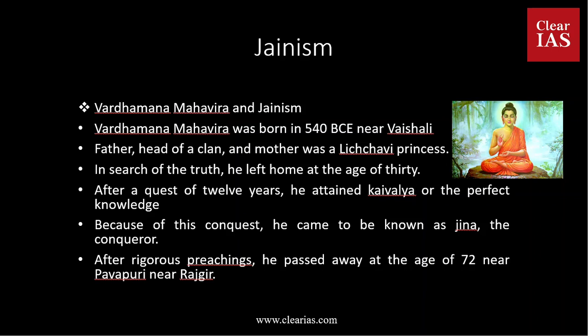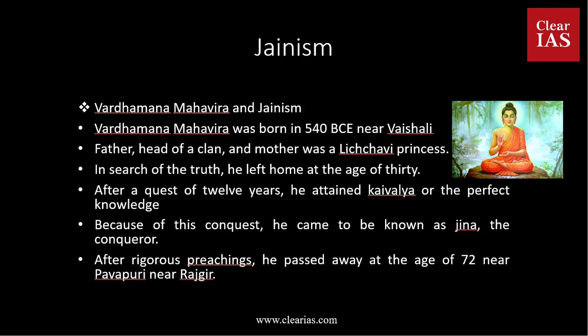Because he attained Kaivalya, he came to be known as Jina, the conqueror, because he meditated, and it is very difficult to meditate. He could keep his thoughts in control, and somebody who can keep his or her mind in control can be called a conqueror, hence Jina for Mahavira.